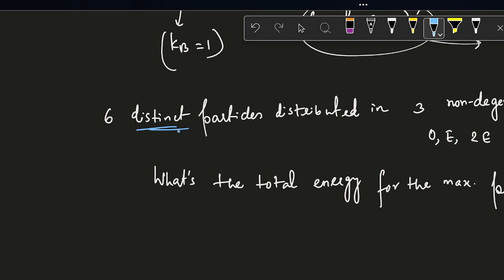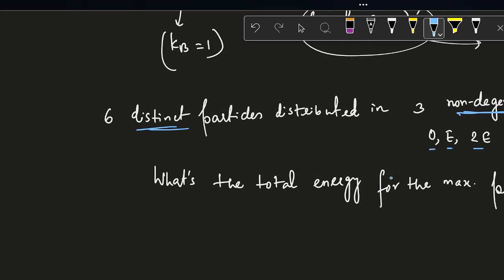That changes how you calculate the rearrangement. Here you have been given 6 distinct particles, so you can distinguish them separately, and they are distributed in 3 non-degenerate levels. Non-degenerate means none of these 3 levels have the same energy as another. They are all different: 0, E and 2E.